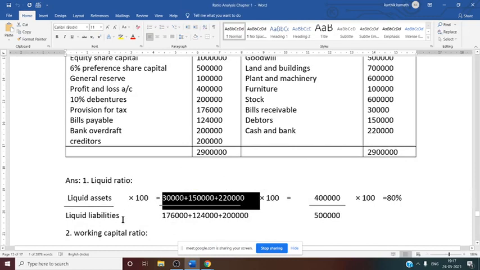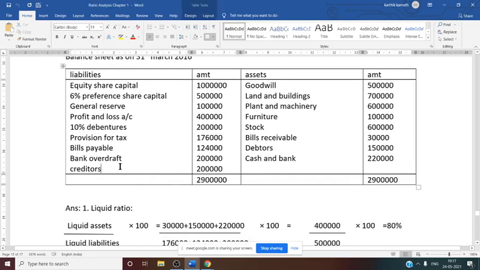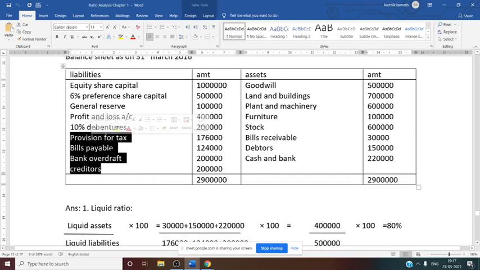liquid liability. If you see, there are 4 items mentioned here that are current liability in nature: provision for tax, bills payable, bank overdraft and creditor. But we know the formula: current liability minus bank overdraft is liquid liability. That means among these 4 items, only 3 are liquid liability: provision for tax 1,76,000, bills payable 1,24,000 and creditor 2 lakh.